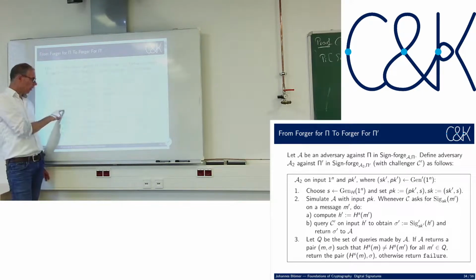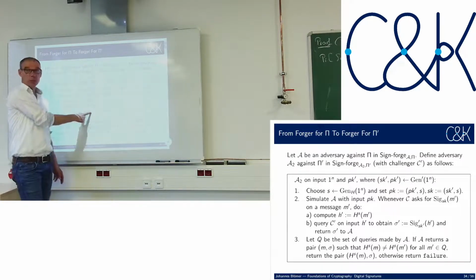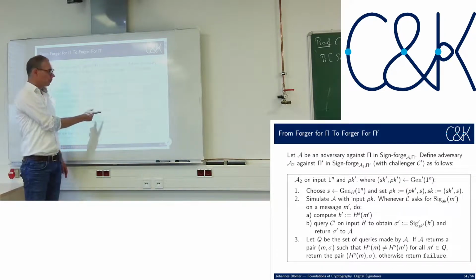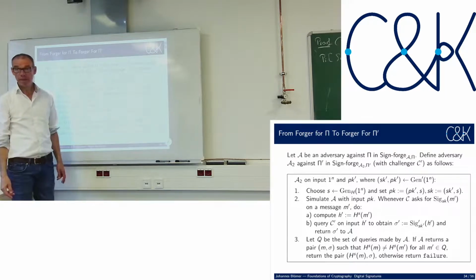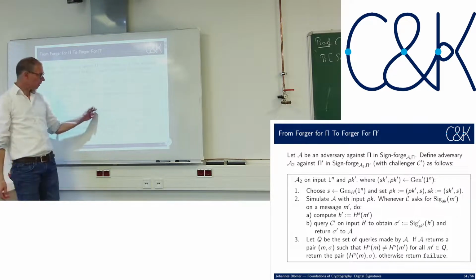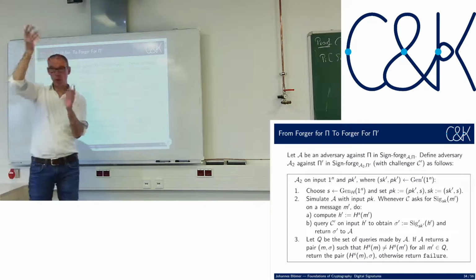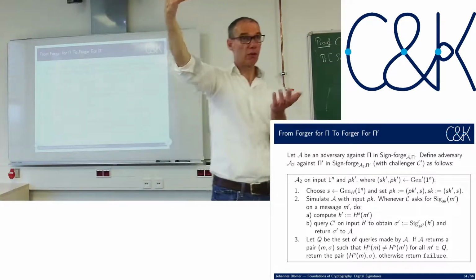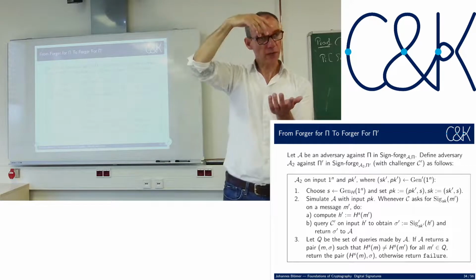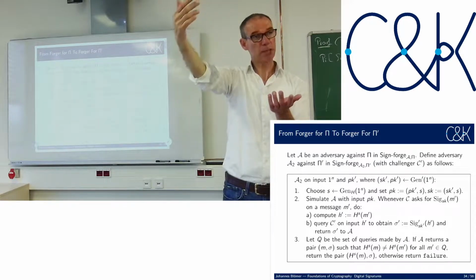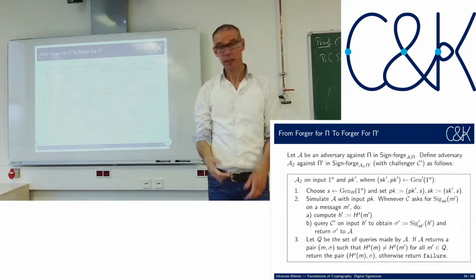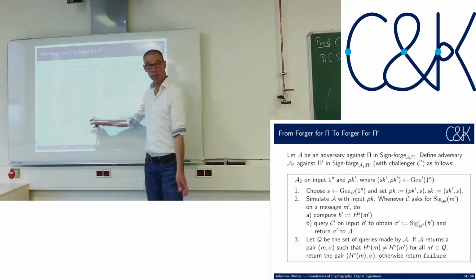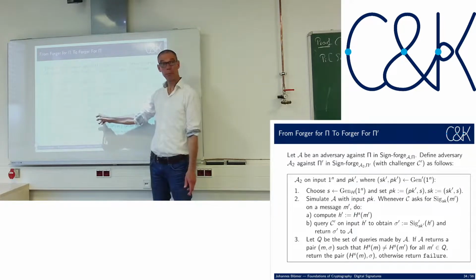A2 can query its challenger C prime on input H prime to obtain sigma prime. H prime, remember how we required that the output space of the hash function is the message space for pi prime. So this is a legitimate message for pi prime.